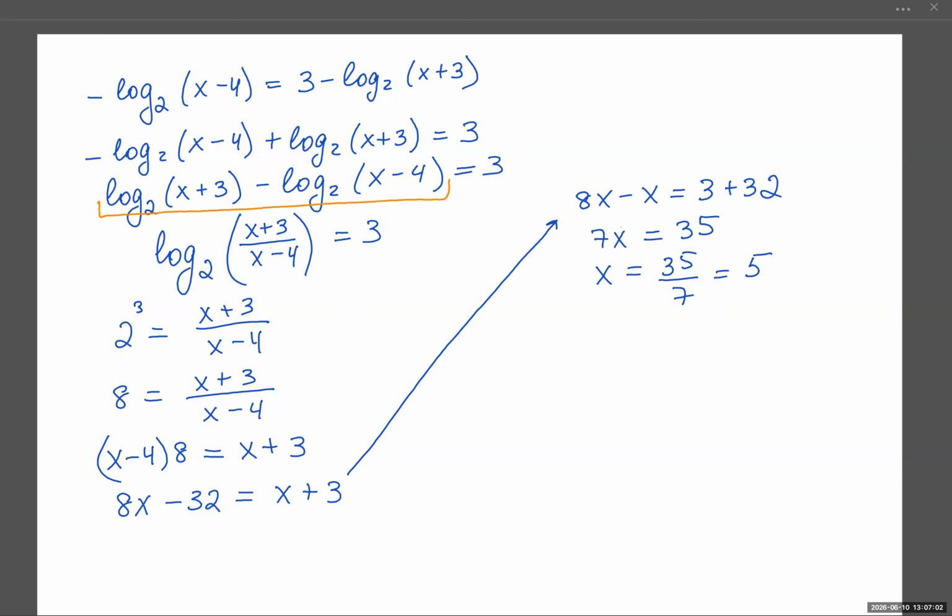We do have to check this, but just in case you don't have time for the actual check where you're plugging everything in and seeing if the left equals the right, there is a quick check option.